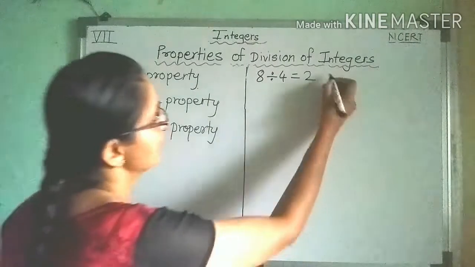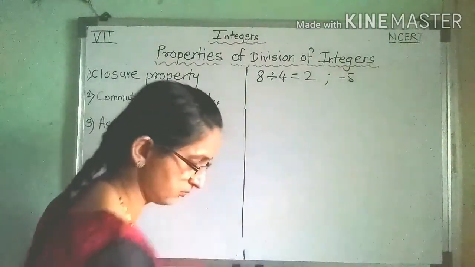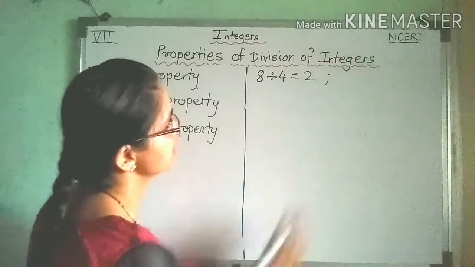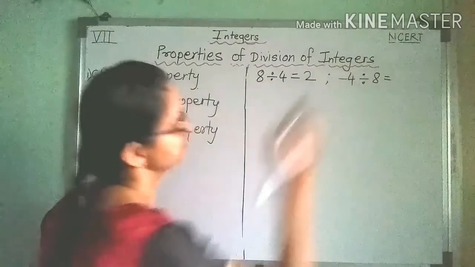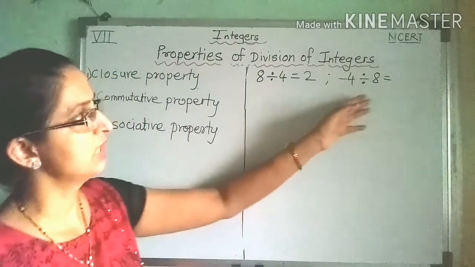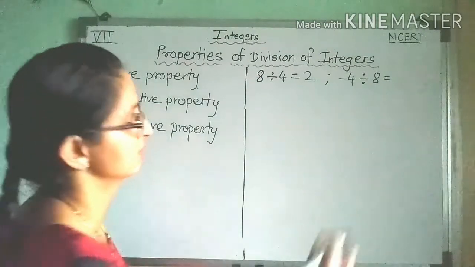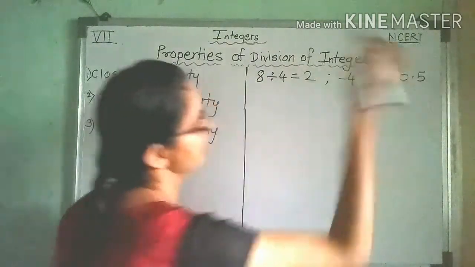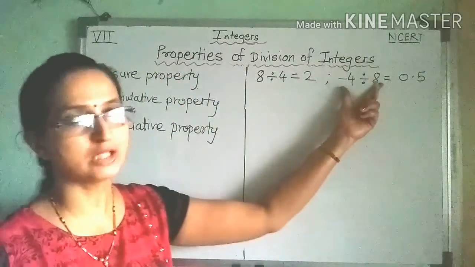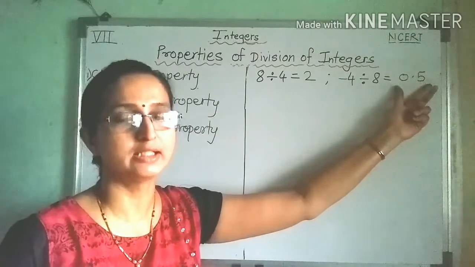But now one more example. Minus 4 divided by 8. Now in this case, we have to divide minus 4 by 8. What is the answer? 0.5. Here both are integers, but the quotient is not an integer.